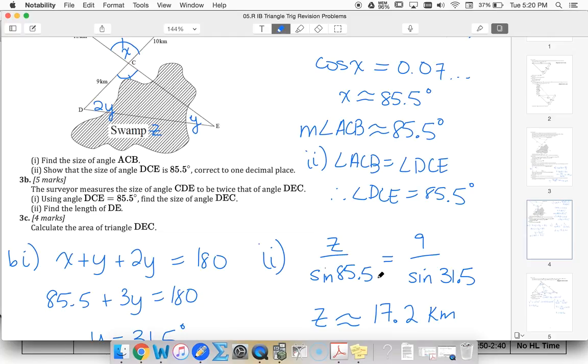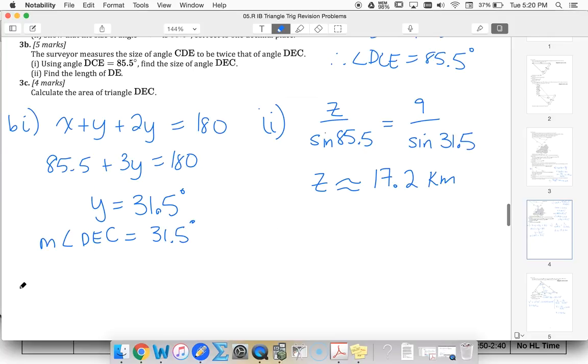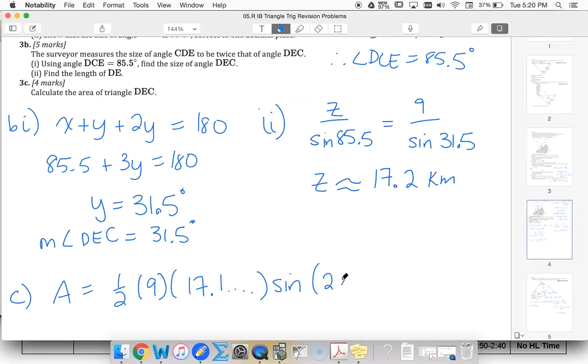All right, so now last, find the area of DEC. Well, now I know side, side, I can figure out this angle in between. So I can say that, 3C. Half of side, side, 17.1 dot dot dot, because I'm going to use my not rounded value, sine of 2 times Y, 2 times 31.5.